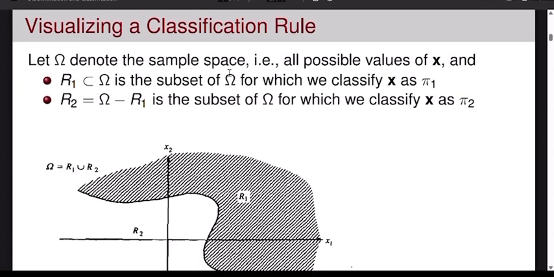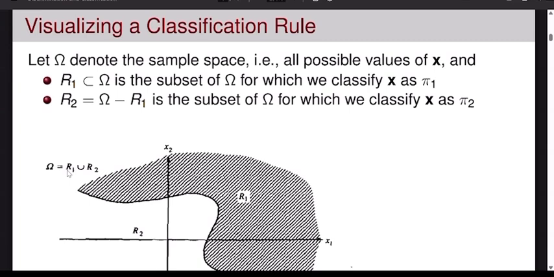Now we're going to have R1 and R2, and I need you to pay attention. The R1 and the R2, when I find the union, I'm referring to all possible values of x. I'm going to say that again.